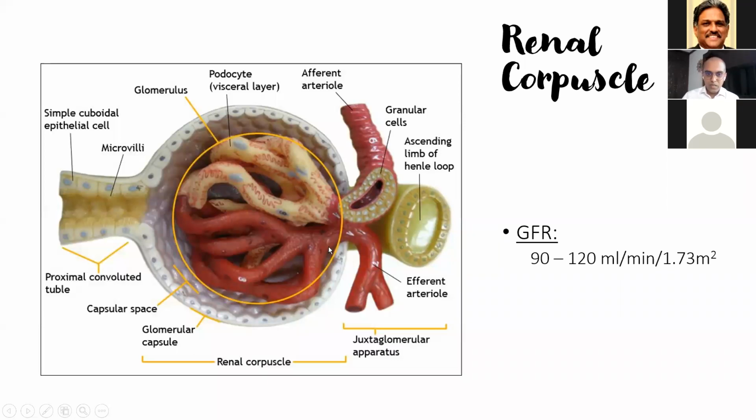The renal corpuscle has a tuft of capillaries known as the glomerulus, and it is lined by podocytes which facilitate glomerular filtration. Once glomerular filtration happens, the filtrate passes down into the proximal convoluted tubule. The average GFR of a normal person is around 90 to 120 milliliters per minute.